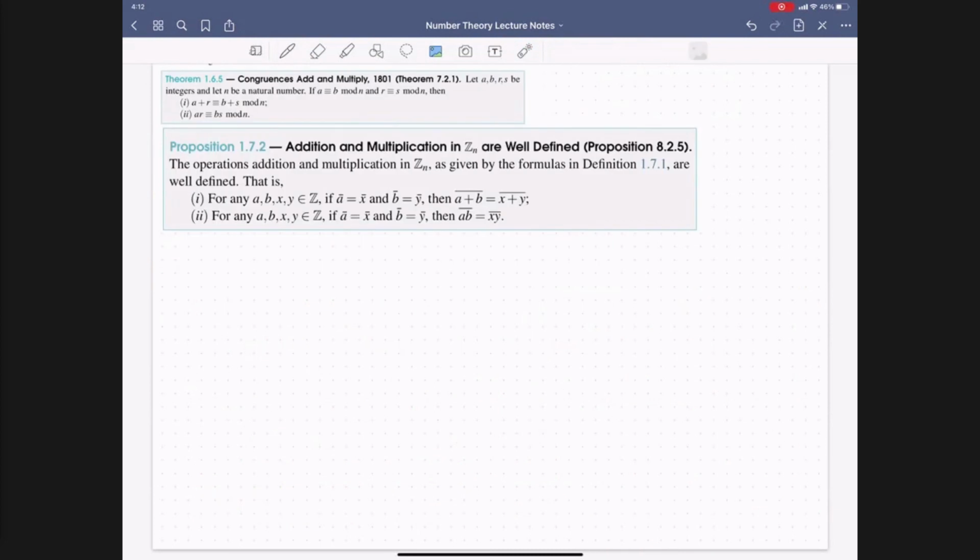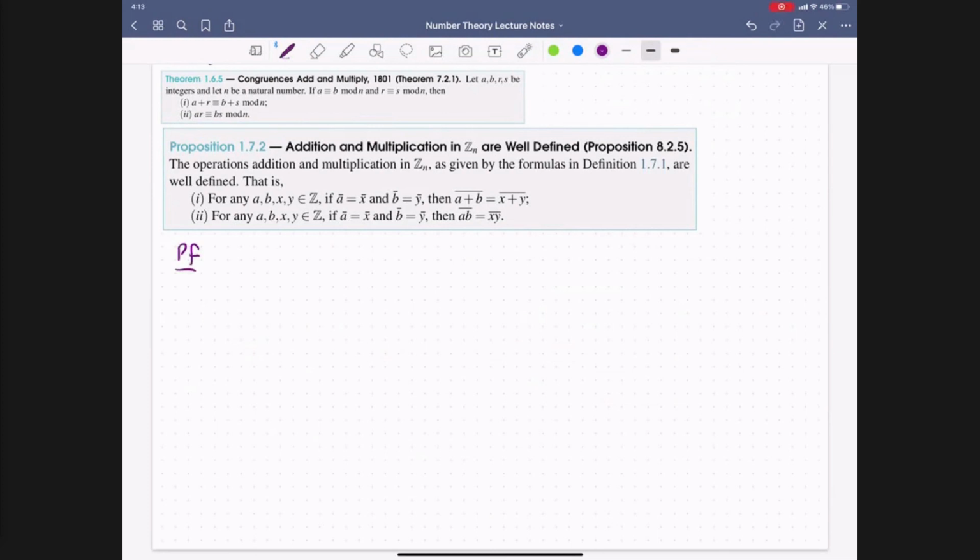So to continue in line with this notion of equivalences between congruence, A congruent to B mod n, and now the new notation in the integers modulo n, let's look at proposition 1.7.2, which is a restatement of theorem 165 when applied under the equivalent conditions we are now investigating. So for example, for the proof of 1, just going to go ahead and just briefly go through this, which is just 165 being reinterpreted.